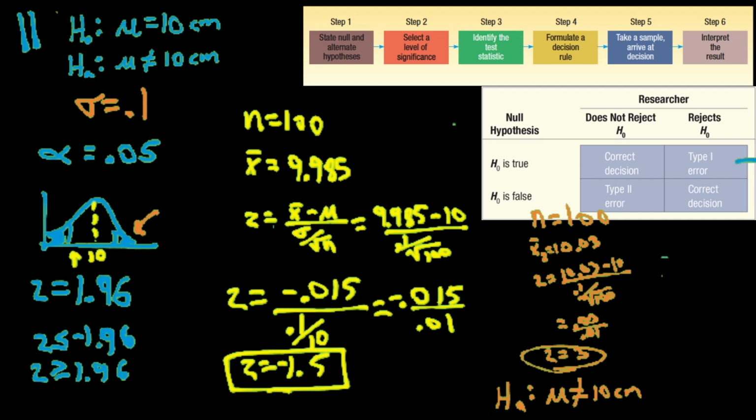Because we know that these sample means are going to bounce around, that's going to lead to potential error.